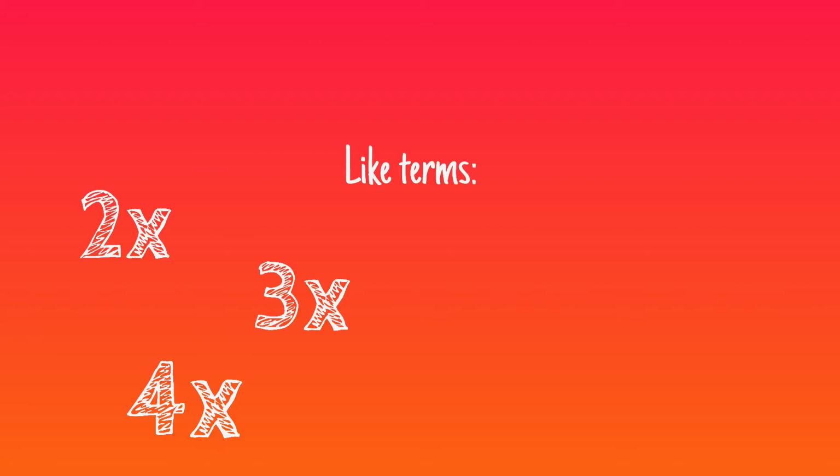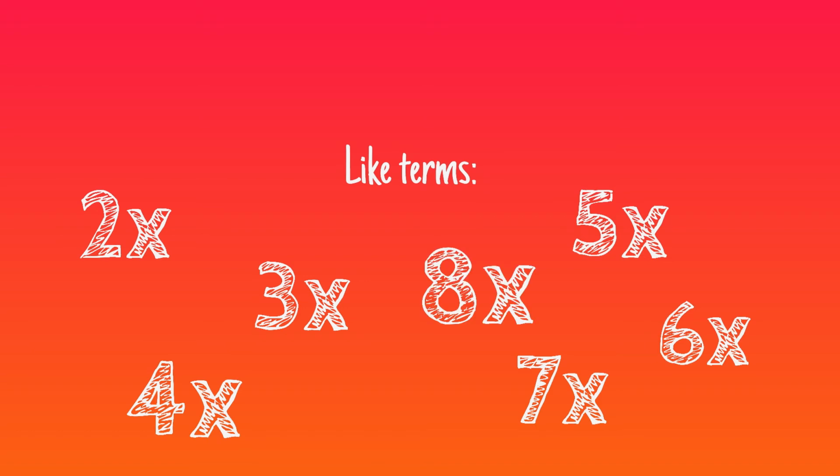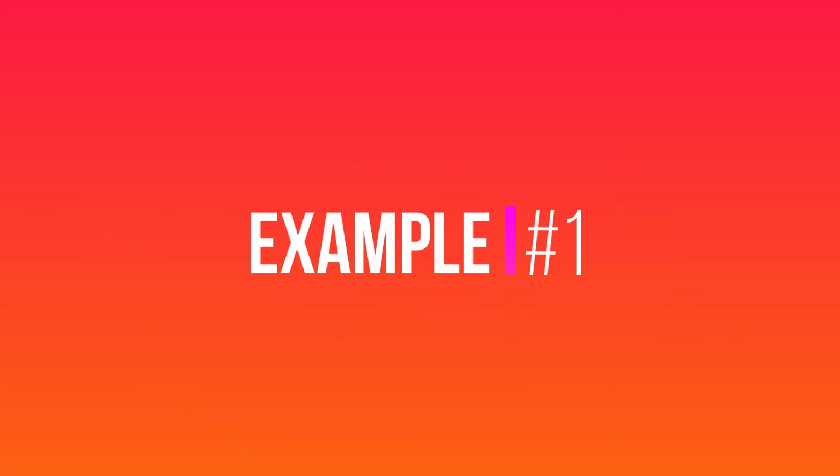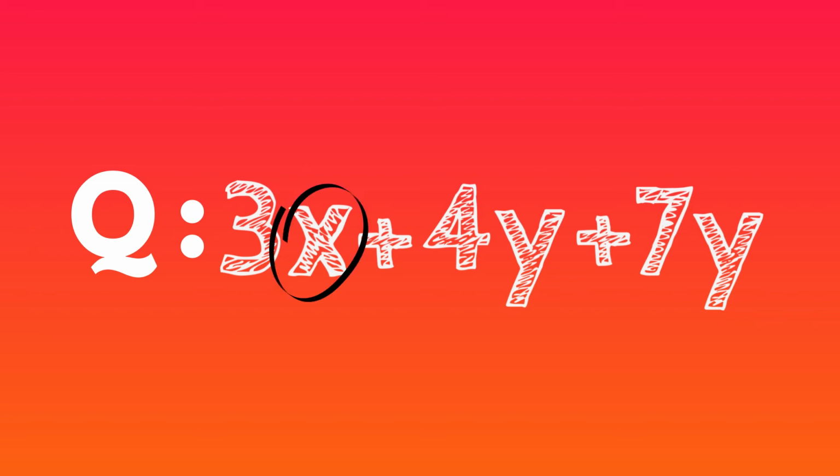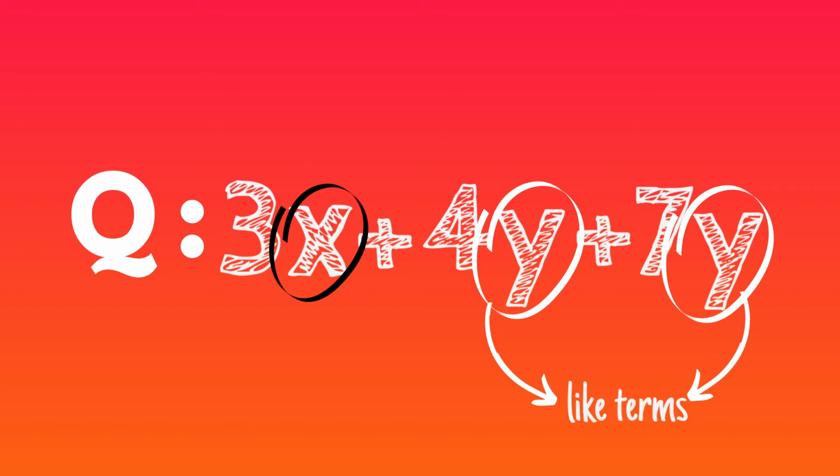Now, like terms are those numbers that carry the same letter. In example 1, it says 3x plus 4y plus 7y. Now, 3 has x next to it, 4 has y, and 7 has y. So the like terms in this equation are 4y and 7y because they have the same letter.